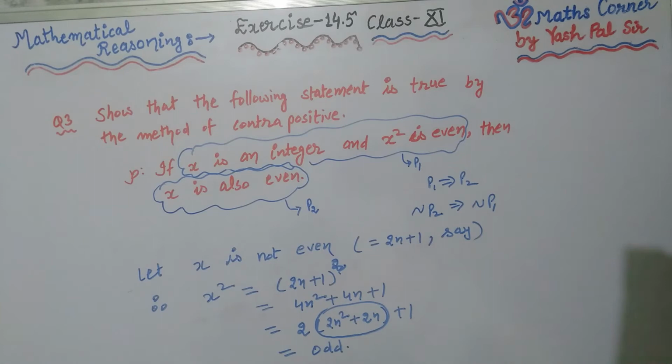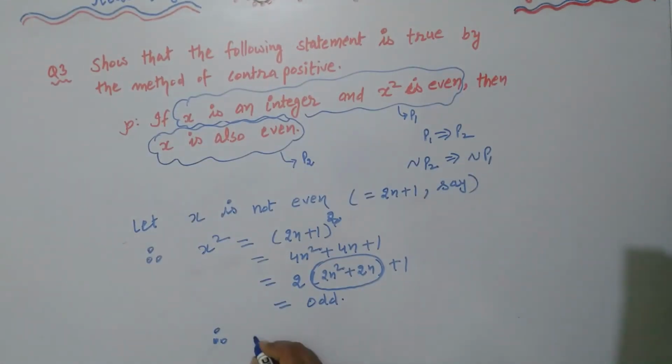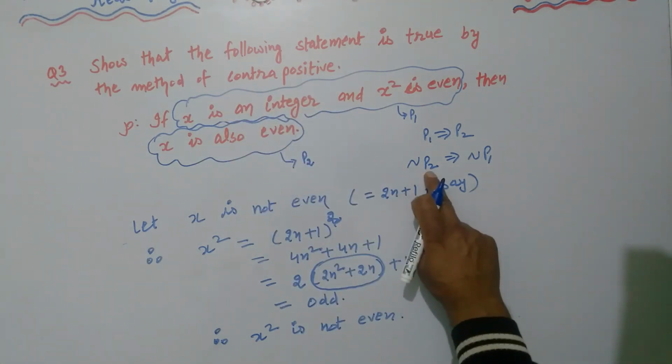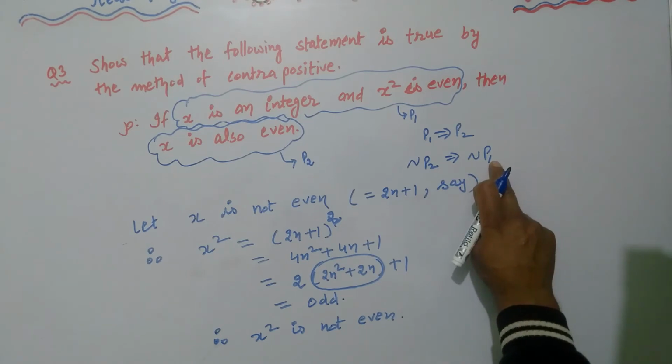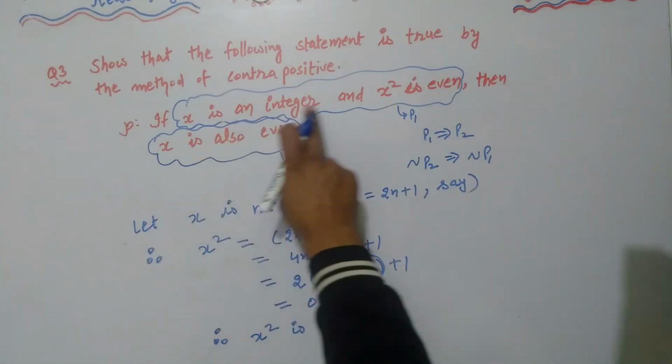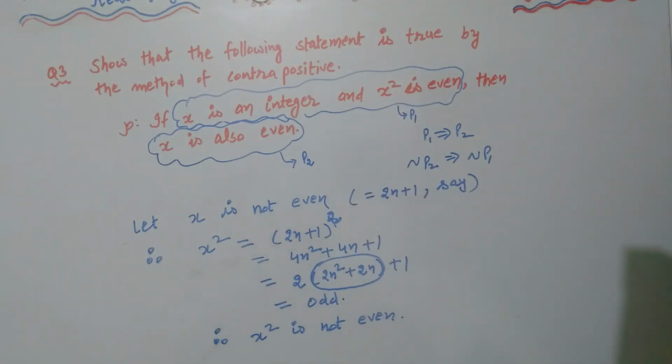So what is the conclusion? x square is not even. So this was the contrapositive. Negation of p2 implies negation of p1. Negation of p1 means x square is not even, right?